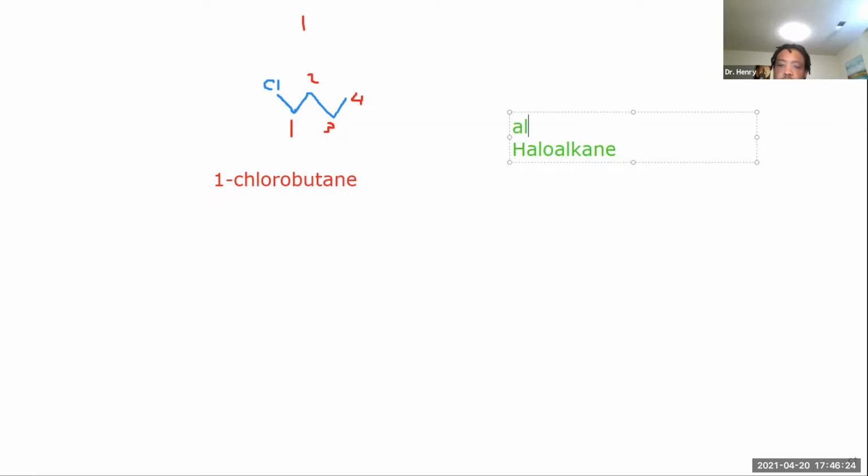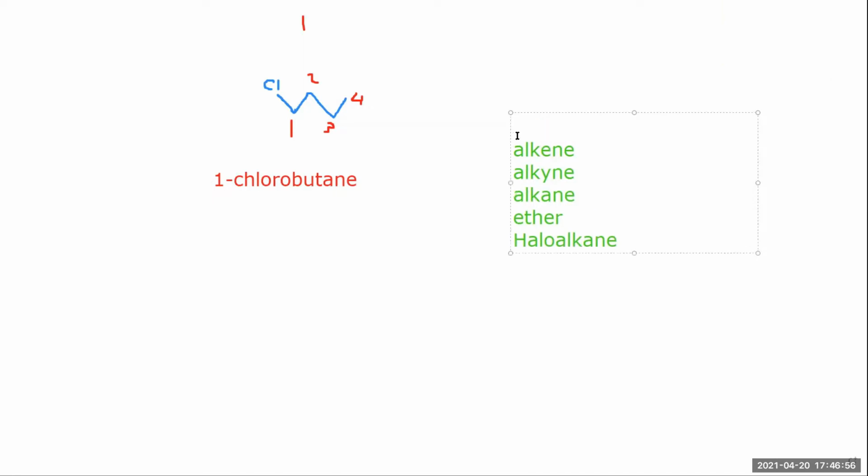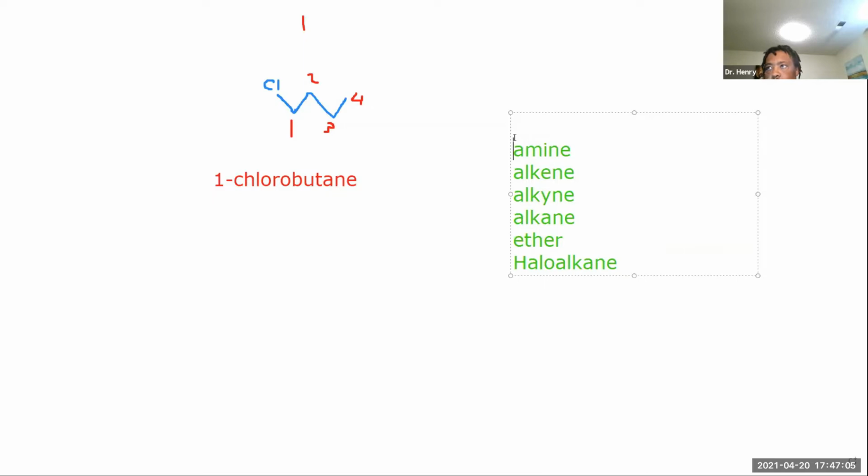Then we have ether. Ether is going to be a new group that we talk about today. Then we have the alkane. Then we have the alkyne. Then we have the alkene. So above the alkene, we have the amine. Then we have the alcohol.